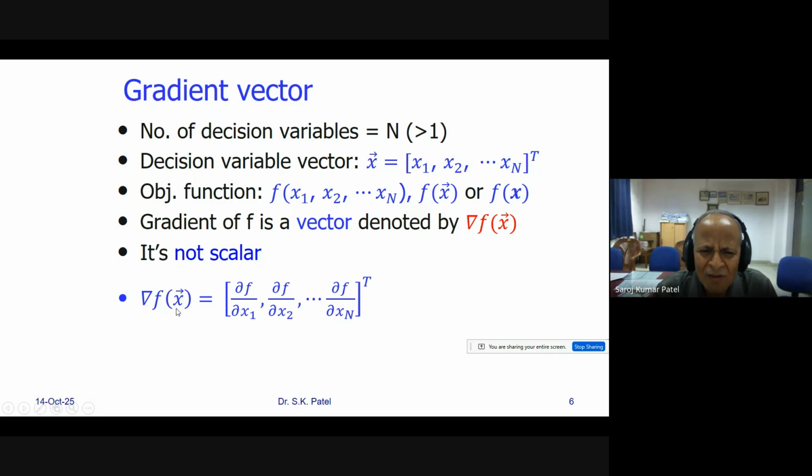Here we take the partial derivative of first order with respect to each of the unknown variables. So the set of all these n partial derivatives will constitute the gradient vector. So the gradient vector is nothing but the first order partial derivatives, each one with respect to each unknown variable: del f del x1, del f del x2, del f del xn.